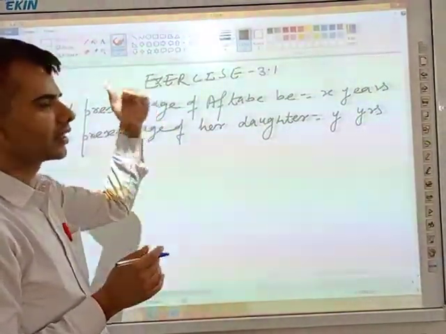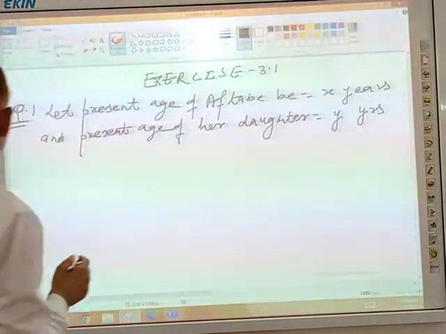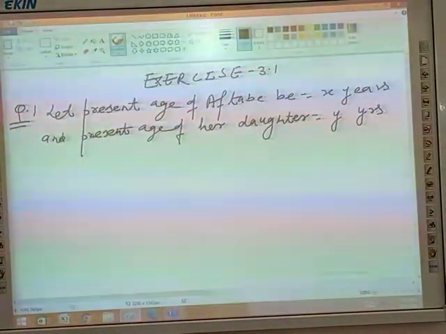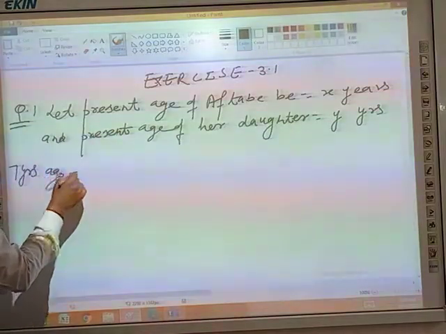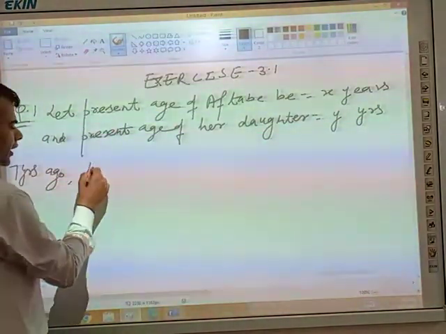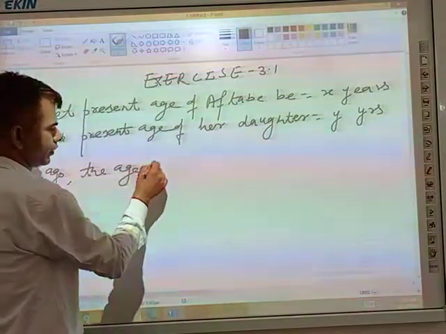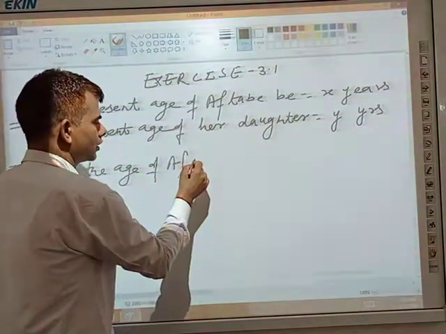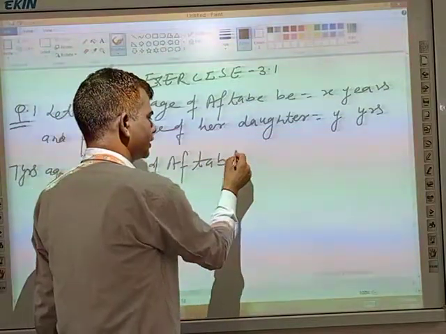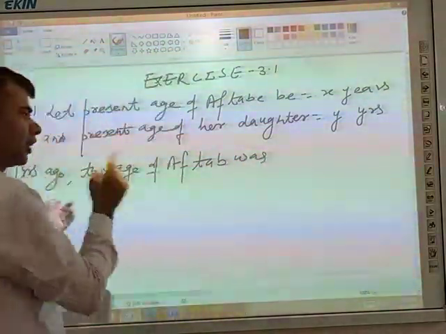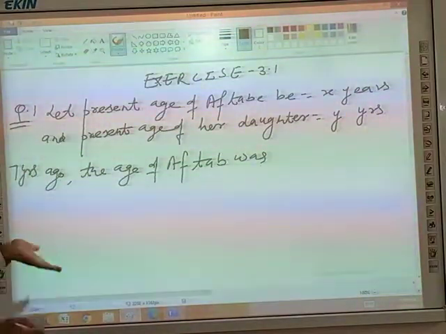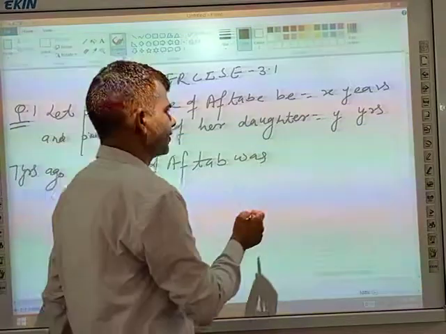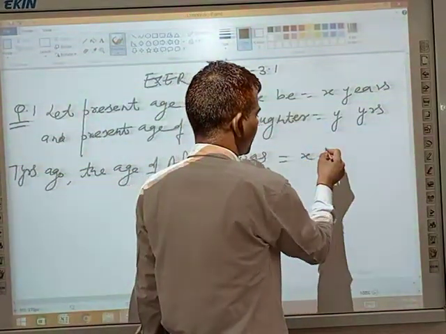We will subtract 7 from the present age. 7 years ago, the age of Aftab was x minus 7 years.